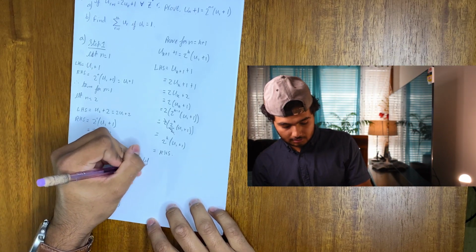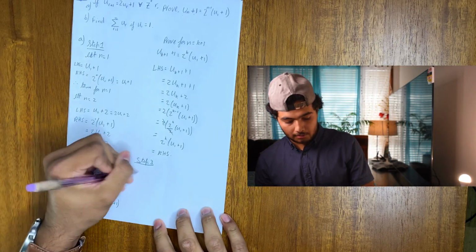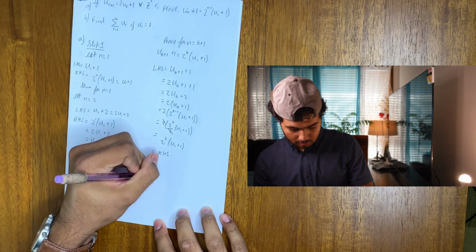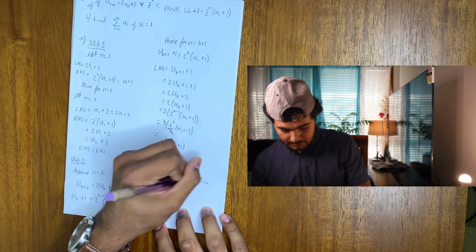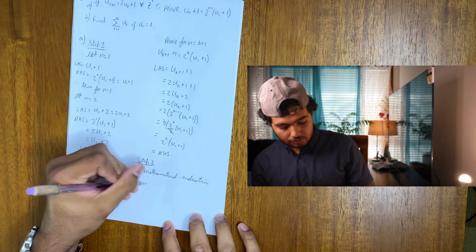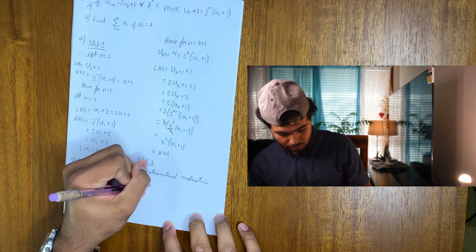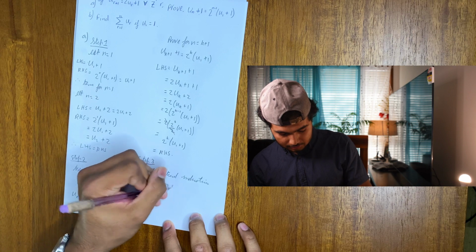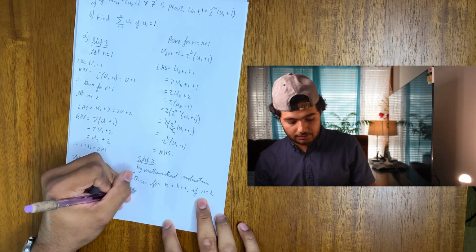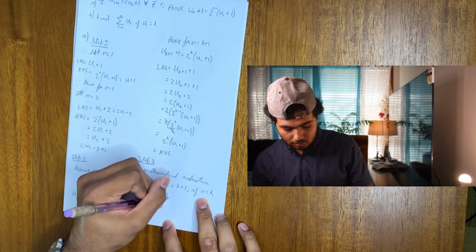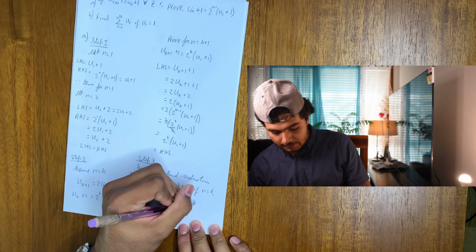So step 3, we have by mathematical induction, it is true for n equals k plus 1 if n equals k, hence true for all n greater than or equal to 1.